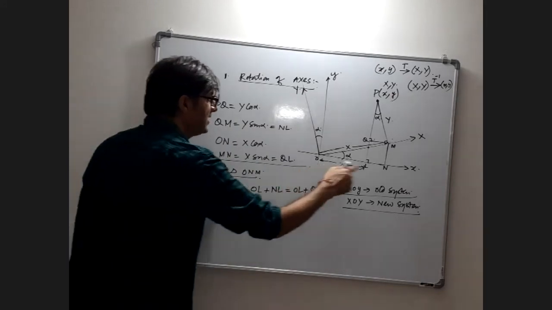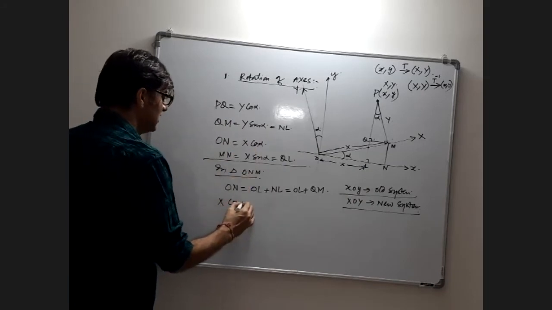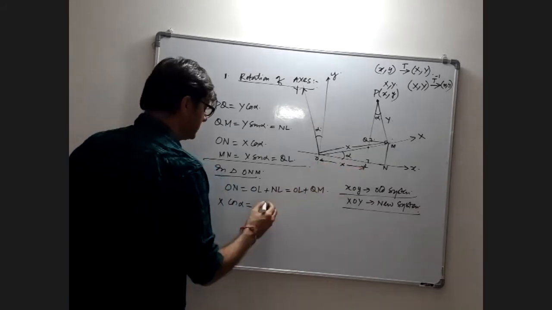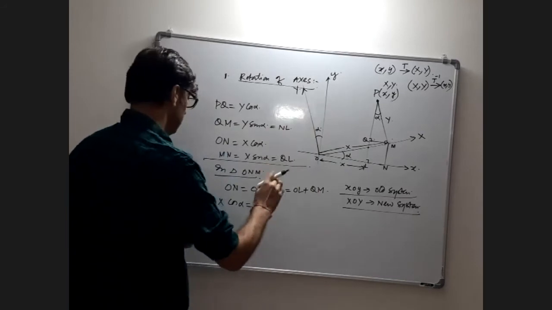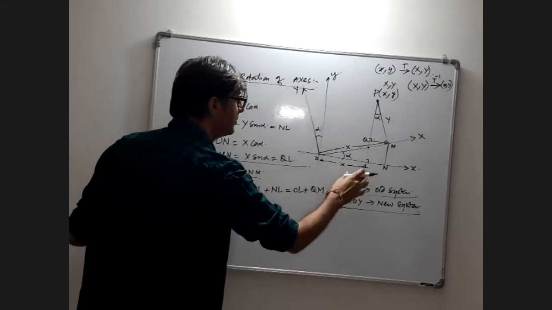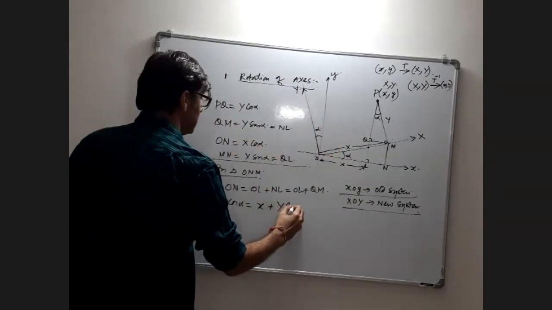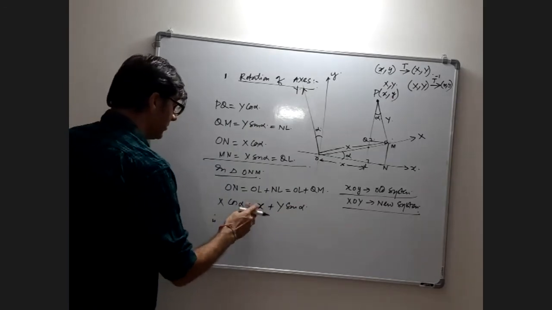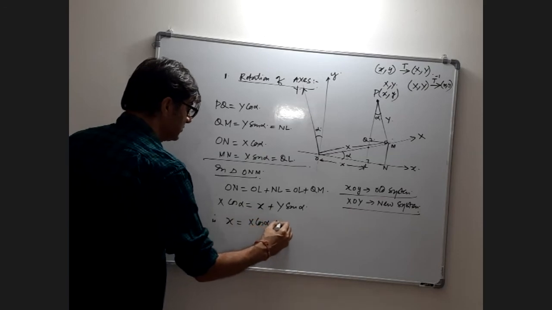What is ON? ON we have already obtained, that's X cos alpha. X cos alpha is equal to OL, which is small x, plus QM. What is QM? QM is y sin alpha. So therefore X is equal to x cos alpha minus y sin alpha.